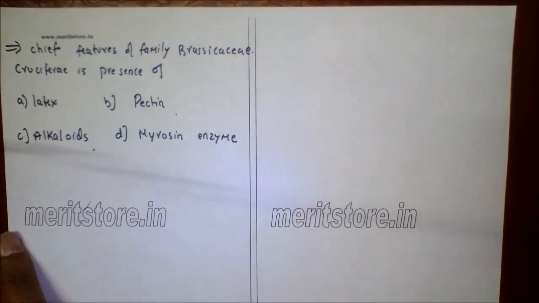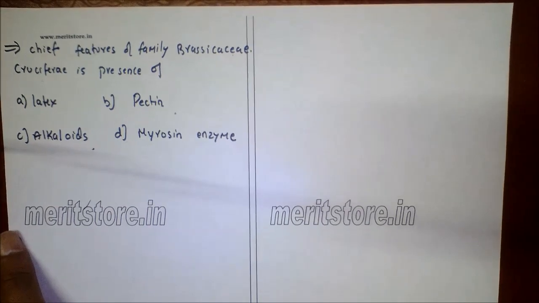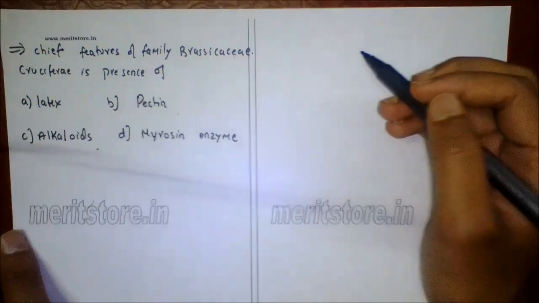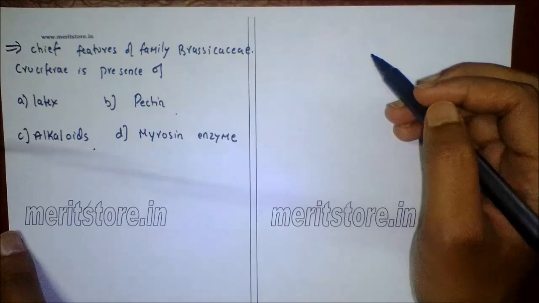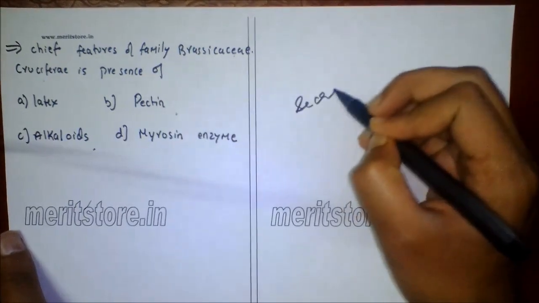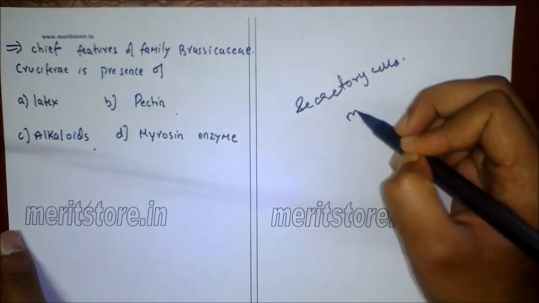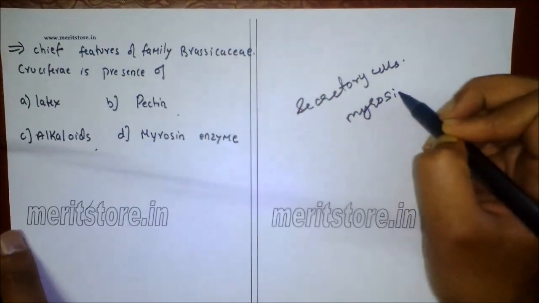Chief feature of family Brassicaceae, Cruciferaceae is presence of A. latex, B. pectin, C. alkaloid, D. myrosin enzyme. So in the members of Cruciferae, that is Brassicaceae, secretory cells are found which contain myrosin enzyme.